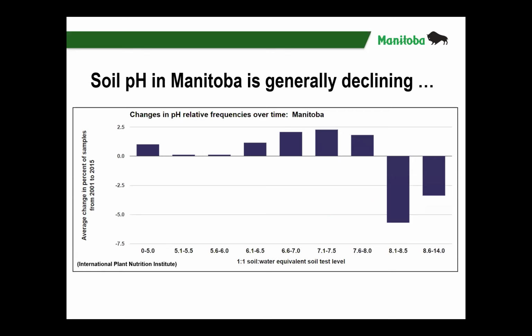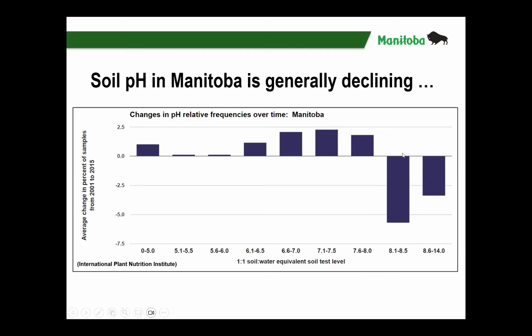So this data is looking at the change from 2001 to 2015. This is data shown by the International Plant Nutrition Institute. And what they're showing here is that the pHs that have been primarily in that 8.1 to 8.5 range, the number of soils that we're testing in that range over that 15-year period has decreased by about 6%.